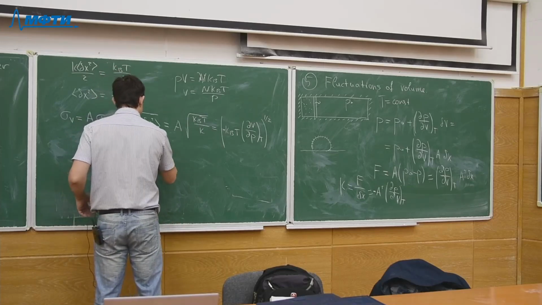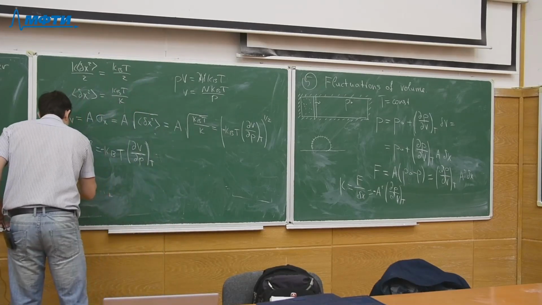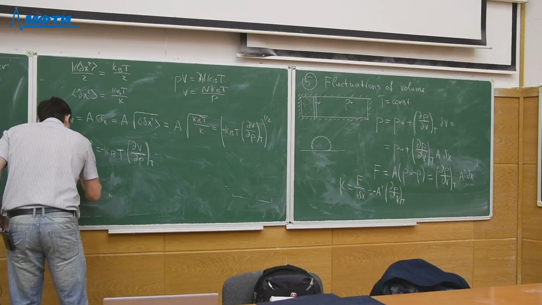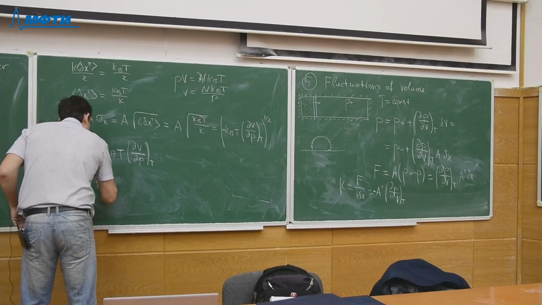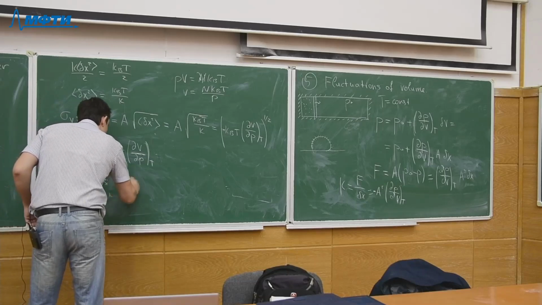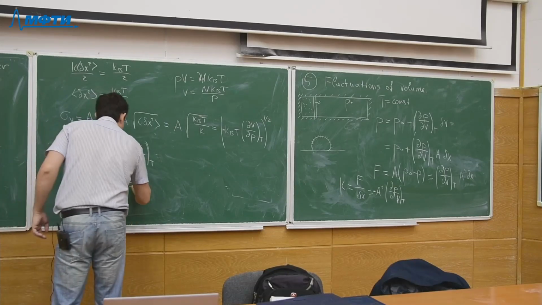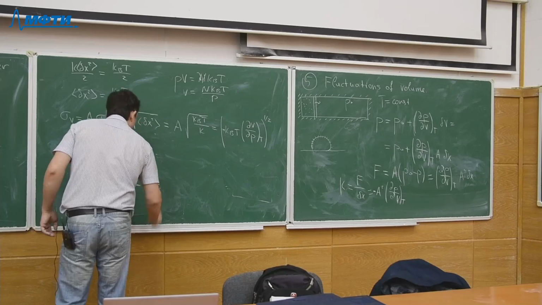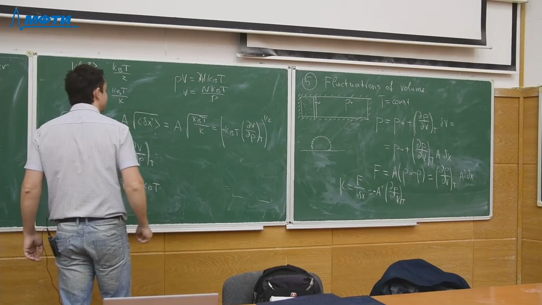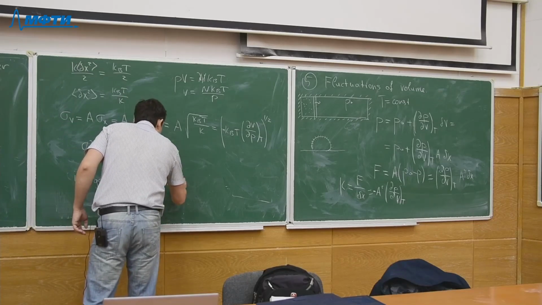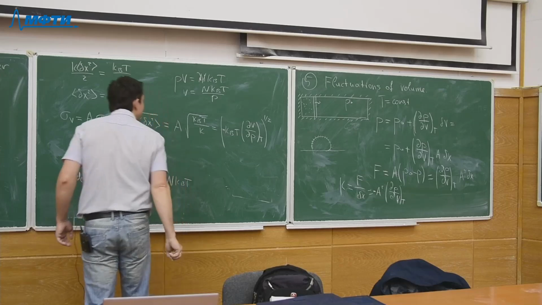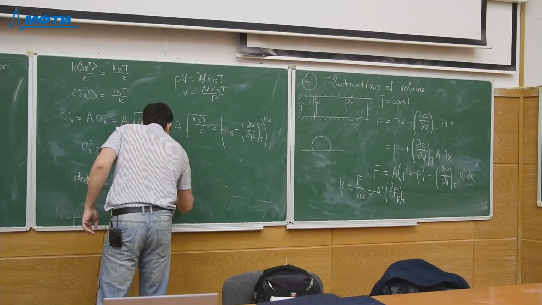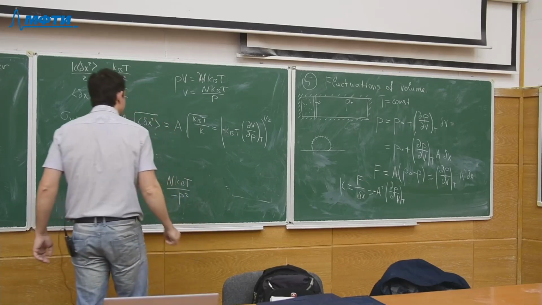So that gives me, for the ideal gas, sigma V squared is equal to minus kBT times N kBT over minus pressure squared.